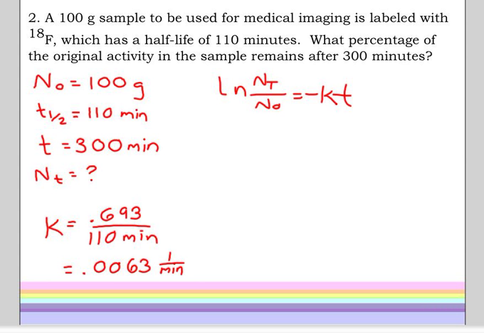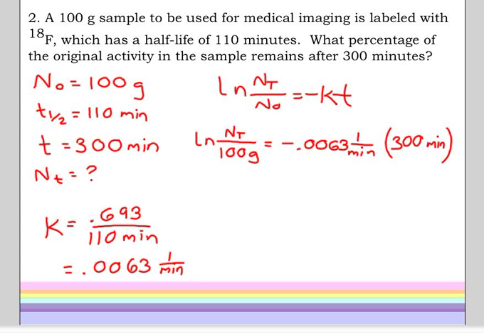So now we have everything we need. We can plug it into our equation. So we have natural log of n sub t over 100 grams equals negative 0.00631 over minutes times 300 minutes.